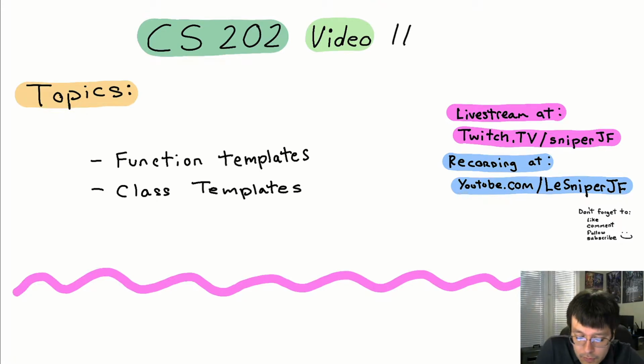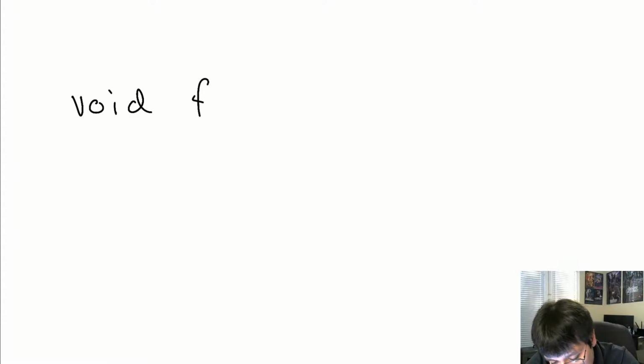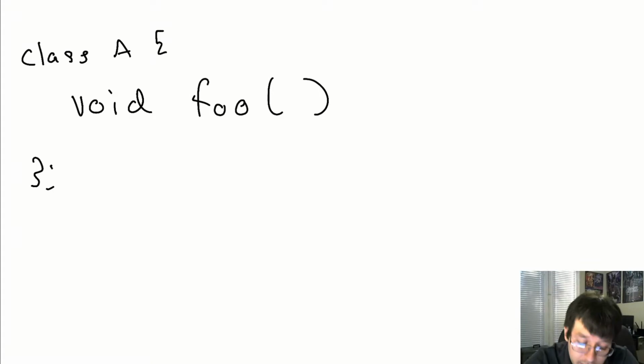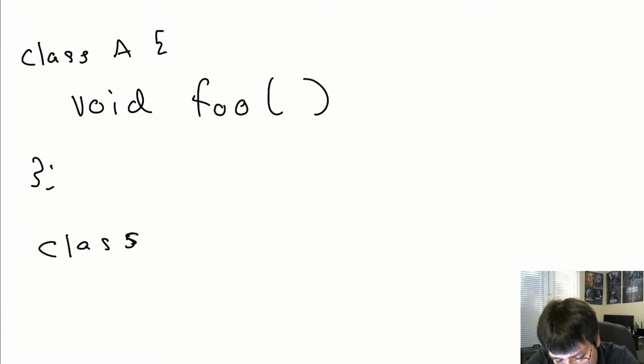So while you can achieve that with overriding and overloading of a function, just to remember, as a reminder of casting, function overriding is when I have something like void foo, and this is inside of a class A. If I go ahead and do inheritance on this, and I have a class B, and forget about the public for now, just imagine this is all public, same with the inheritance.